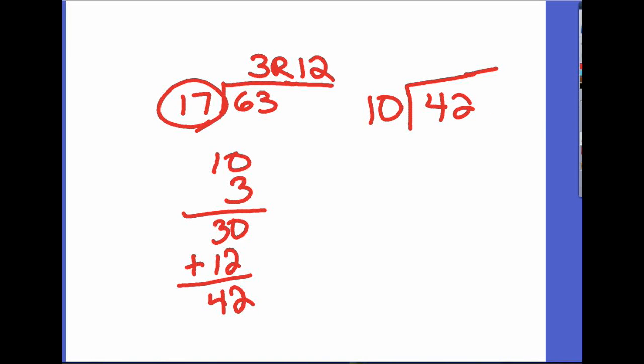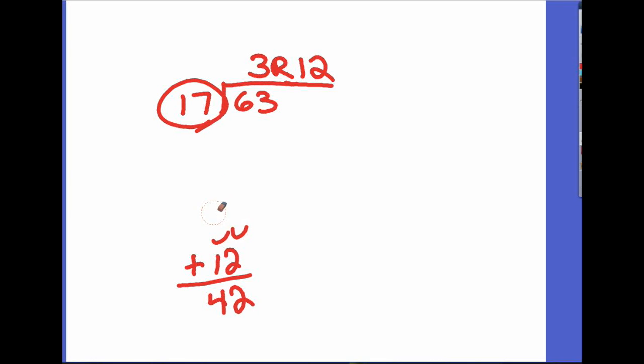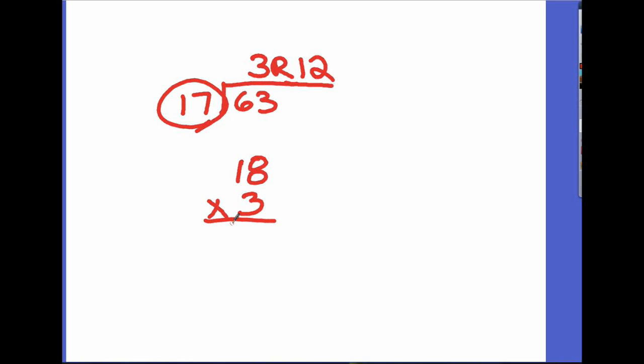I'm going to go ahead and try another number just because I'll make sure we all get this, including myself. So let's just do 18 just for fun. How's that sound? 18 times, what am I going to do? 3. 3 times 8 is? 54 plus 12 is?